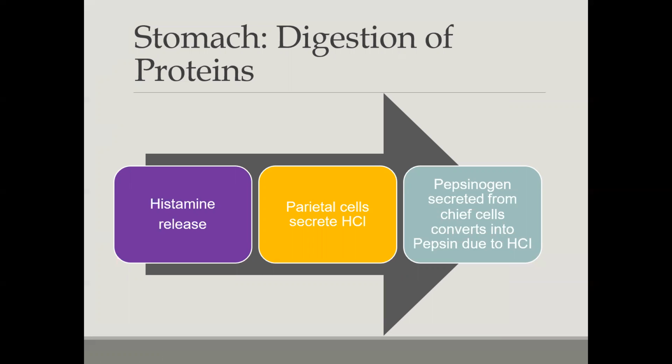So the histamine goes to the receptors in your stomach, and then the parietal cells are going to secrete the hydrochloric acid, which you need to make this conversion from pepsinogen to pepsin. So I think it's just showing the flow. That's what that slide is for.